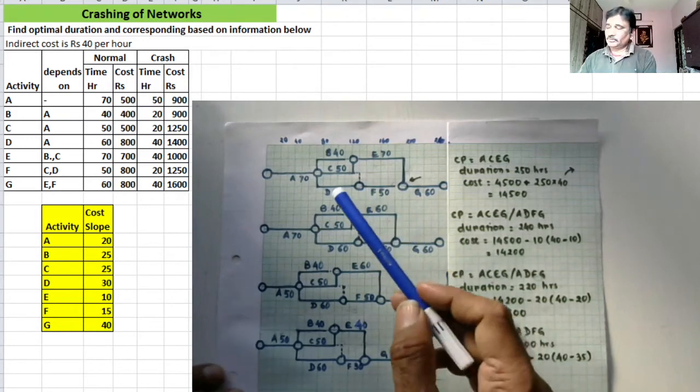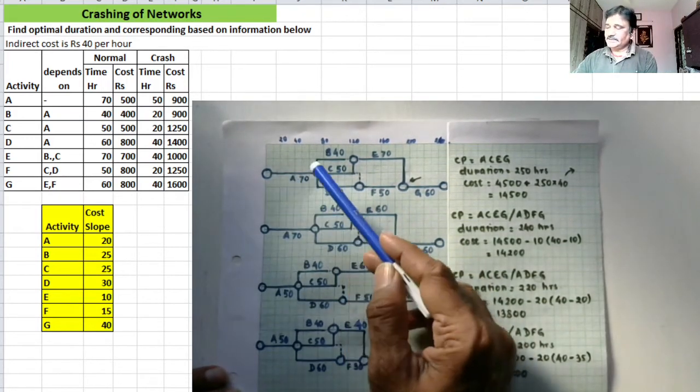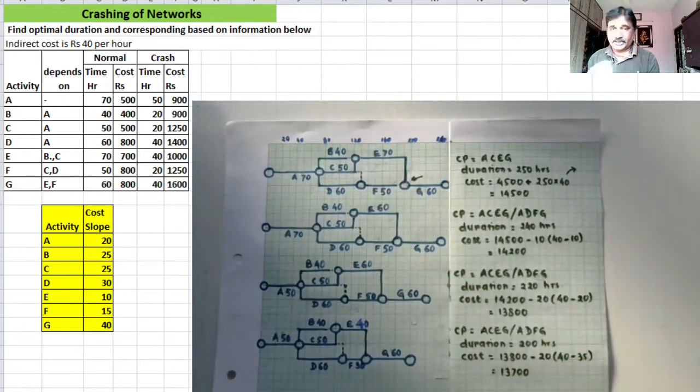Now we have to find out which of the activities A, C, E, G is to be crashed. The activity which has the least crashing cost per day, per hour, in our case least crashing cost per hour, will be crashed first, if it is on the critical path.